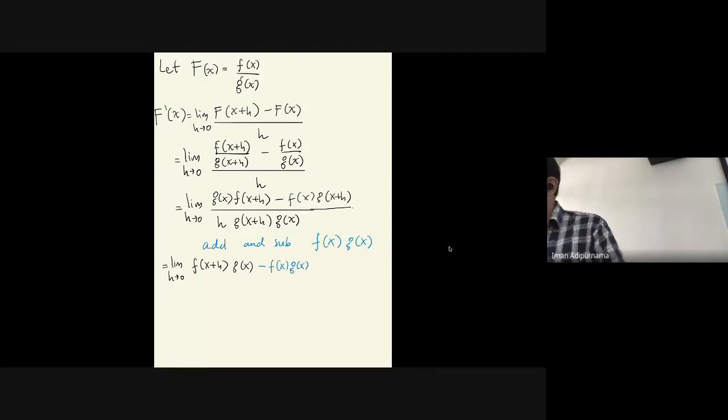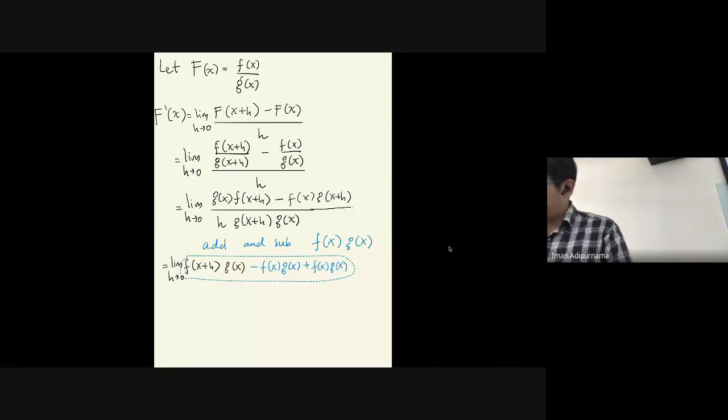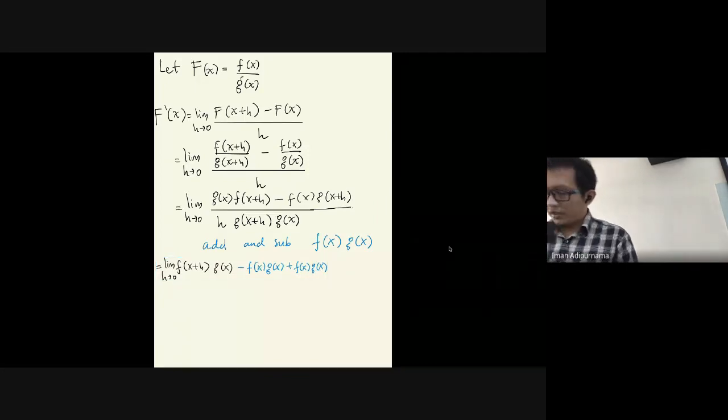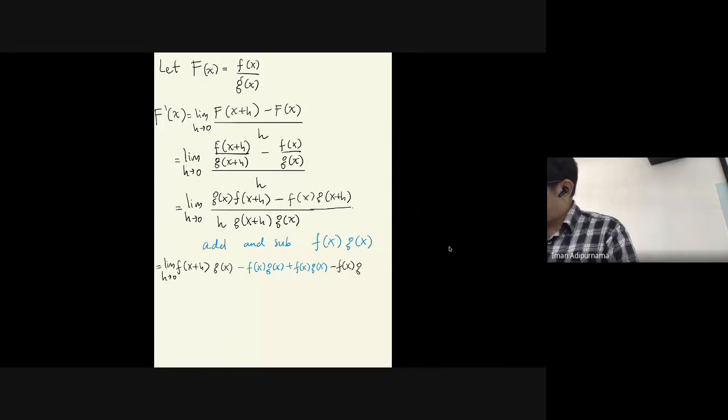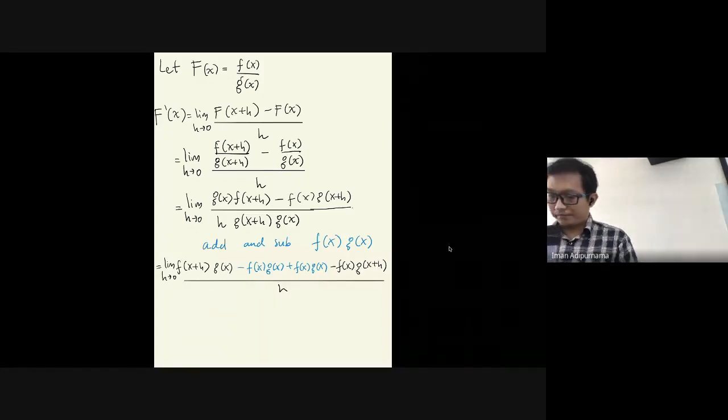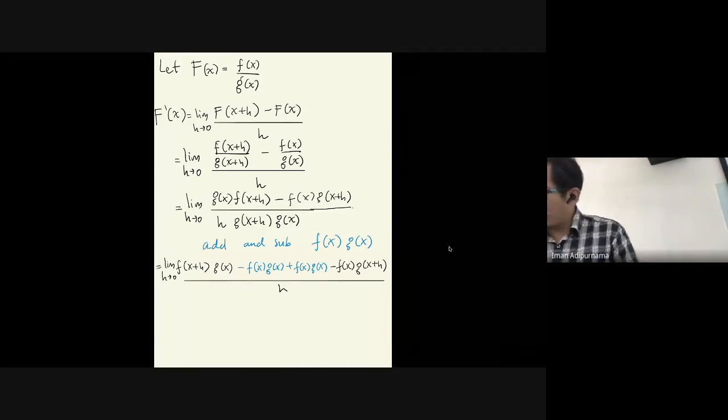Same plus minus. And then the rest will be minus f(x) g(x+h).